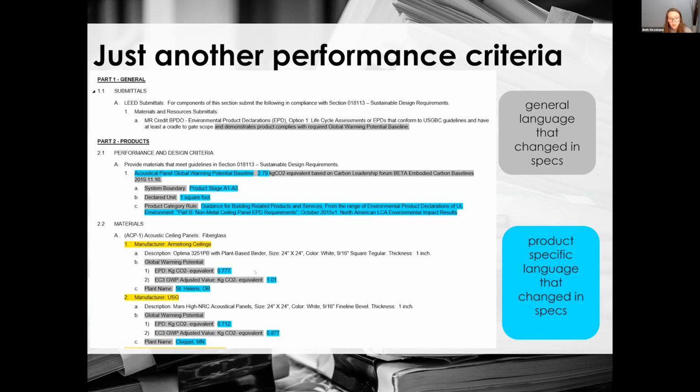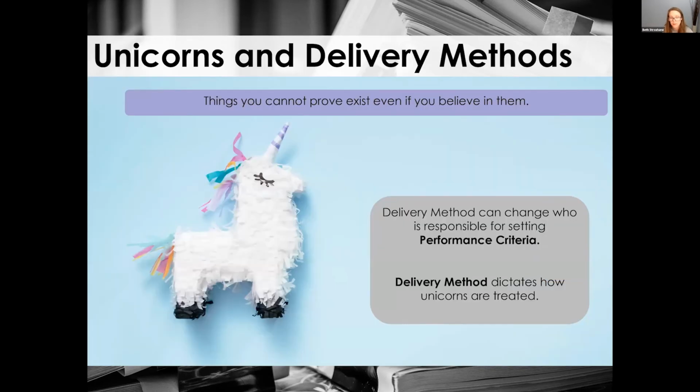So if you can prove that what you're asking for exists, then it's really defendable that you're asking the contractor to provide it to the owner. If you just include, I want it to be 50% less than some baseline, you increase your risk that it won't actually show up on the job.